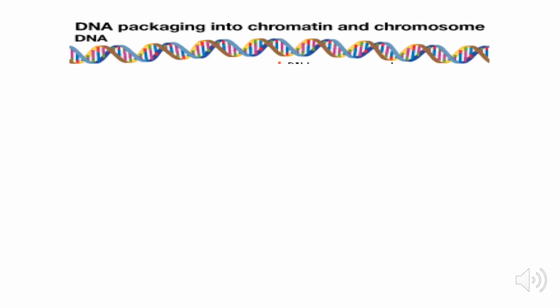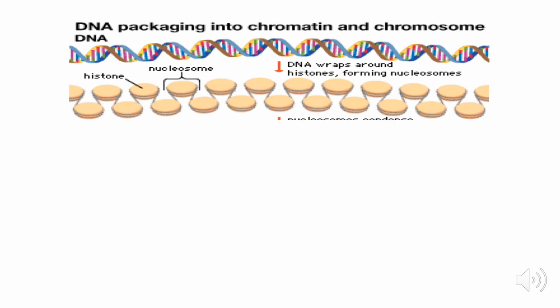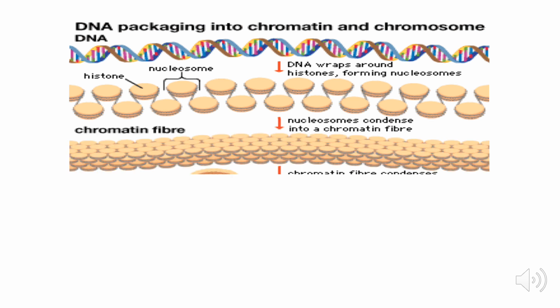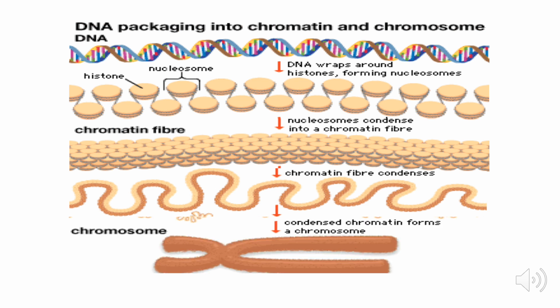This is our double-stranded DNA, and our DNA is wrapped around histones. Then, as you further condense the wrapping of DNA around the histones, you will now be able to form the chromatin fiber. Then, if these chromatin fibers will be further condensed, that's the time we will be able to form what we call the chromosome.